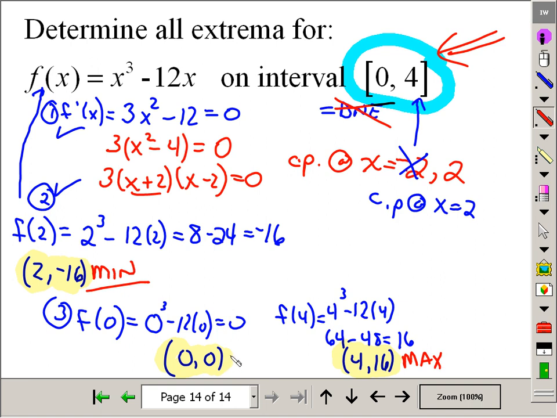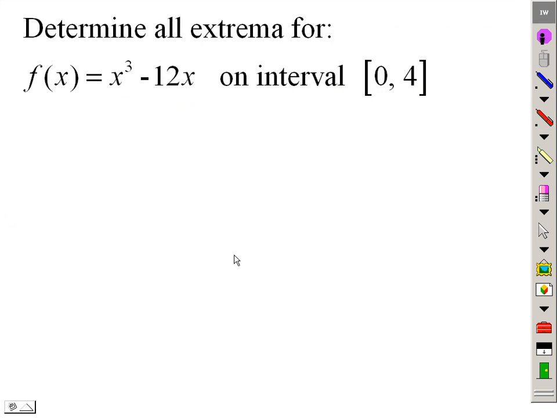This one has 0, this one has 16, so this is the maximum. So our minimum value over the closed bounds from 0 to 4 is negative 16, and our maximum value over the bounds 0 to 4 is 16, at the point 4, 16. And again, that all goes back to this problem here.